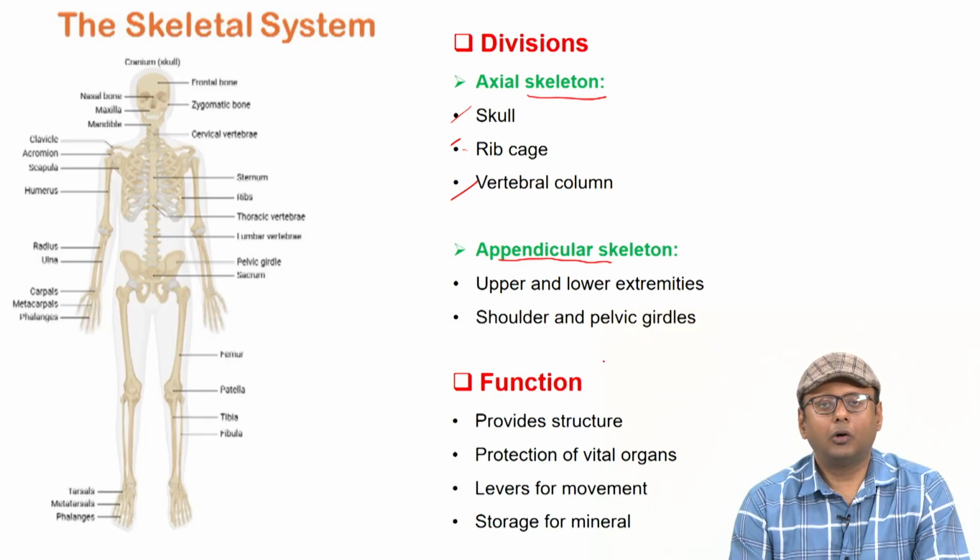For example, the lungs, heart, and other organs are protected by our skeletal system. Bones also help in body movement. They also act as levers, and we can do load bearing using our bones.